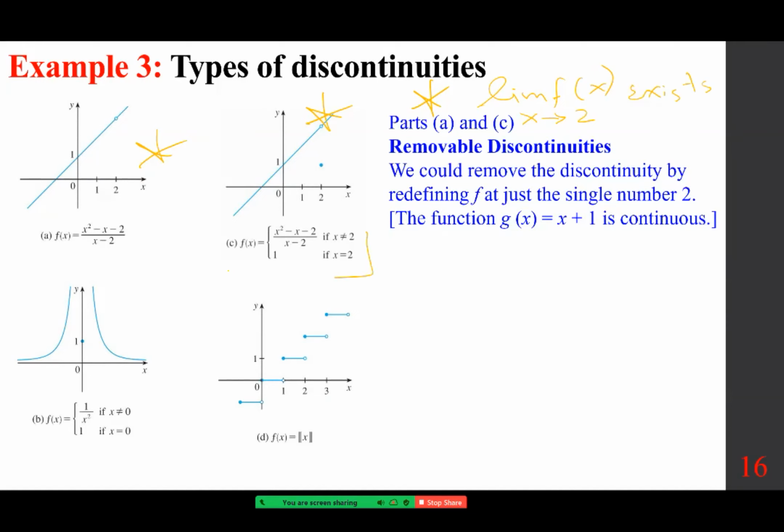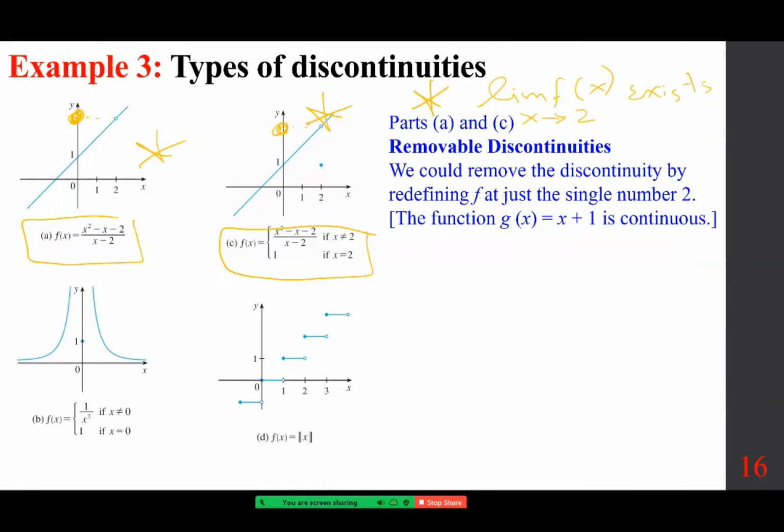If you look at both functions, this one and this one, the limit is this y coordinate, whatever you read, that maybe is close to number 3.